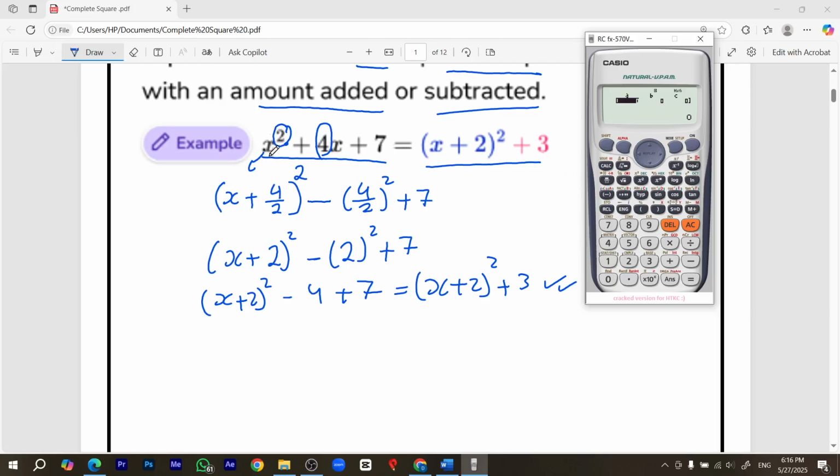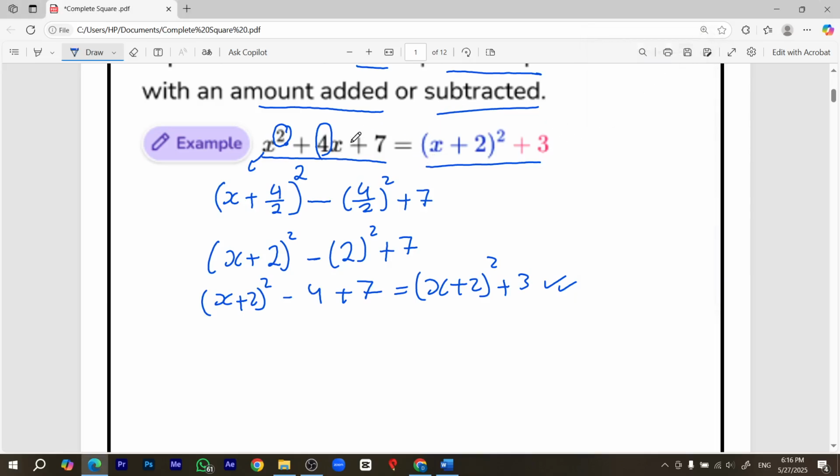The coefficient of x squared is 1, the coefficient of x is 4, which is b, and the constant is 7. When I click equal, there is an i, the imaginary number, which means it can't be solved by the quadratic equation. That's why we use completing the square.